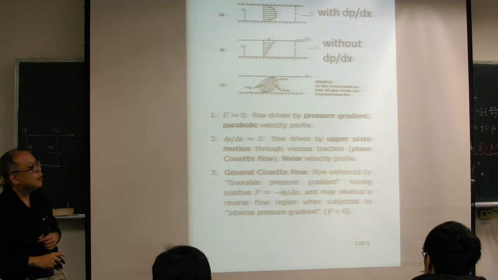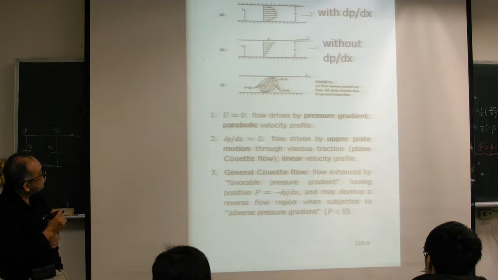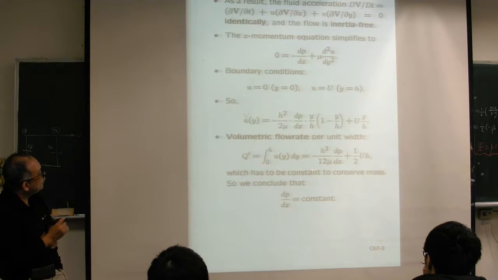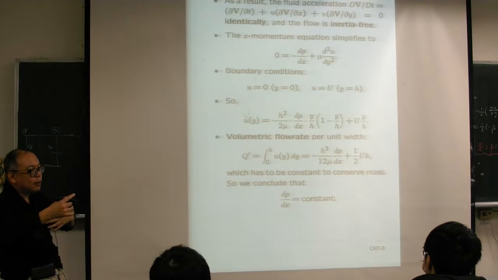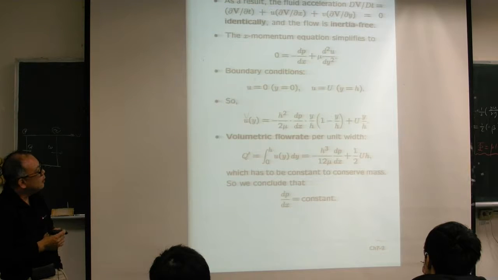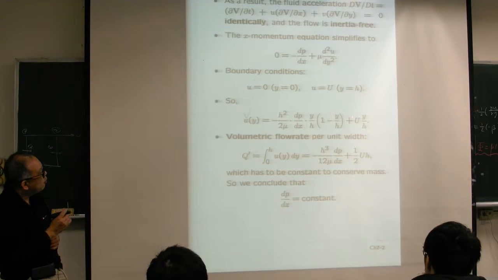The second case, we assume there is no pressure gradient. That means dp dx is equal to 0, so we don't use any pressure to drive this flow. Only the velocity field generated by our moving wall on the upper surface, U here. So our velocity is equal to this.